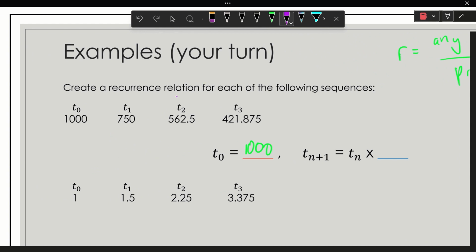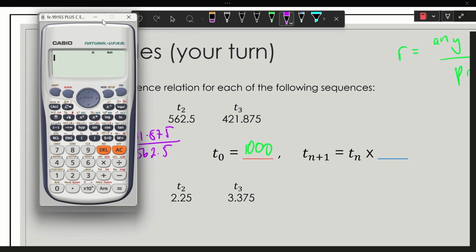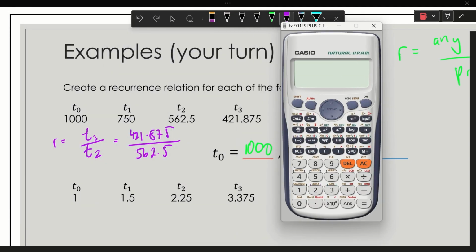In this case, I'm going to go with, you guys want to pick one for me? T3, all right. So I'll write the whole thing. T3 divided by T2 because it's the one before it. So 421.875 divided by 562.5. If you get your calculator out for that, if you get confused, you can use your fraction button, but it's the same as divide, yeah?